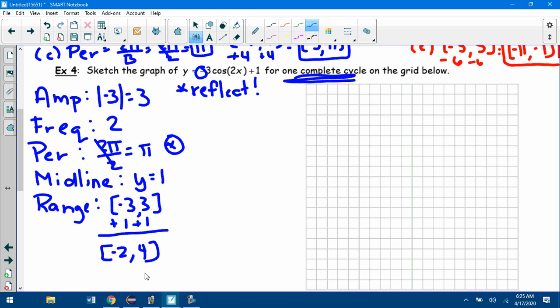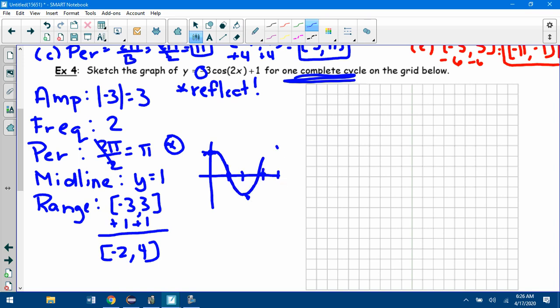Okay. Now when we're ready to graph, you need to think of what 1 cycle of cosine, because that's what we're graphing, normally looks like. Where does cosine normally start? On the midline, above the midline, or below? It normally starts above. Then it goes on the midline, below the midline, on the midline, and ends above again.